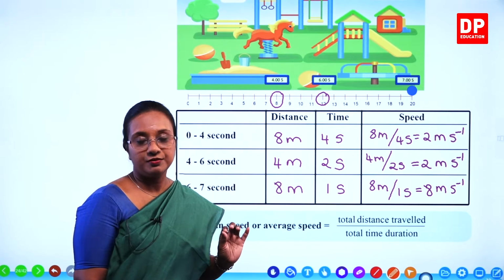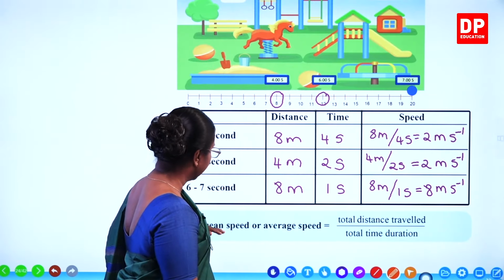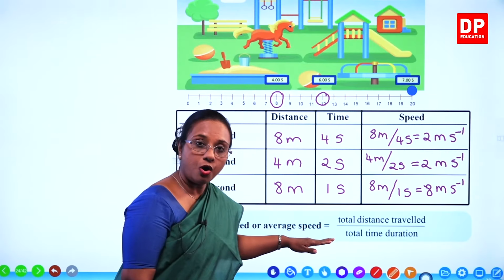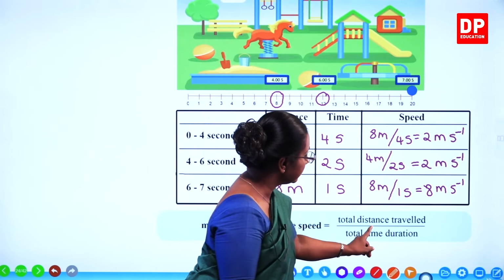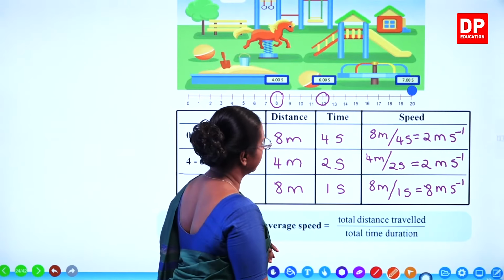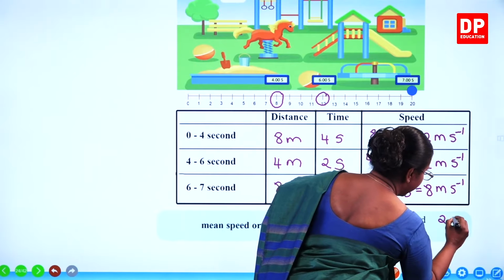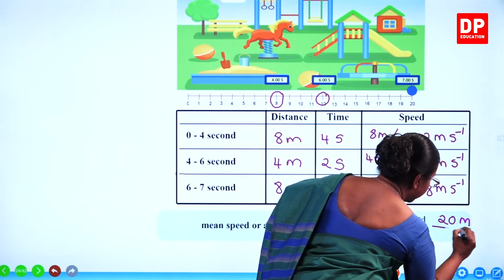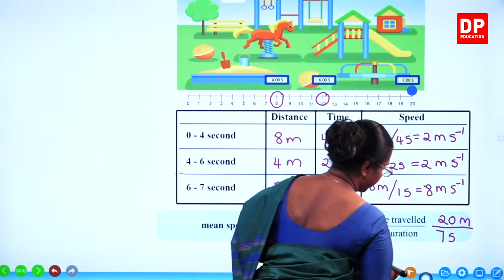Not a uniform speed. So, again, we can calculate the mean speed or average speed. That will be the total distance traveled divided by the total time duration. So here the total distance is 20 meters and the total time duration is 7 seconds.